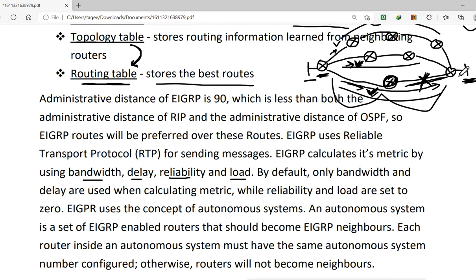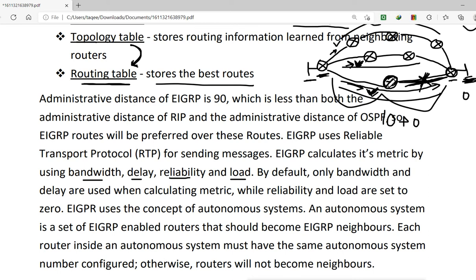Let's say for this router the distance is 0 because it is directly connected. Then this router adds the distance of this link. Let's say this link distance is 10, so it becomes 10 plus 0.